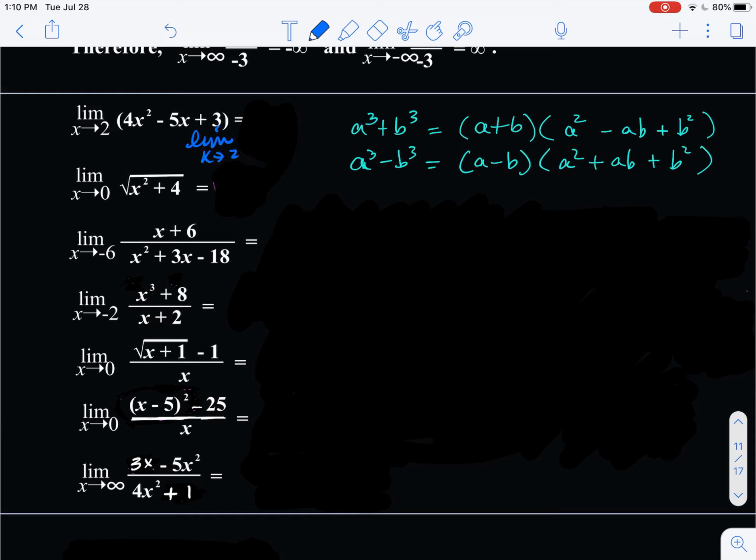If I plug in 2, I'm going to have 4 times 2 squared, so 2 squared is 4, times 4 is 16, minus 5 times 2 is 10, plus 3, so 19 minus 10 is equal to 9. All right, let's take a look at the next one.